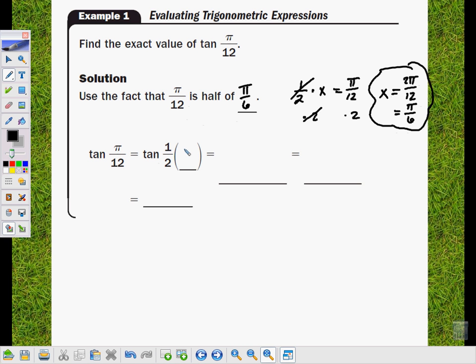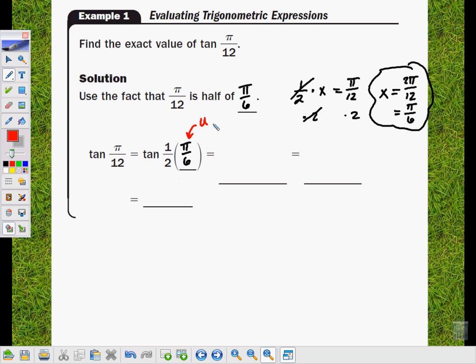Tangent of one half of pi over 6. This pi over 6 is my u value from the formula. Now it's not written as u over 2, but it's written as half of u. Okay, so now I can go ahead and crank this out.